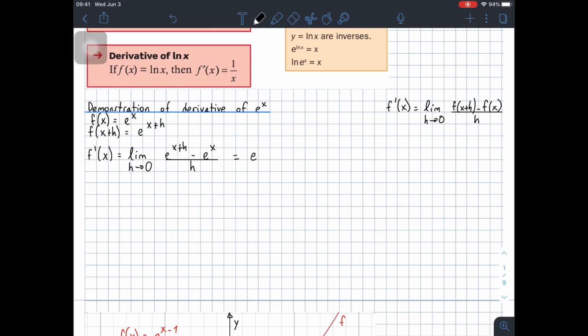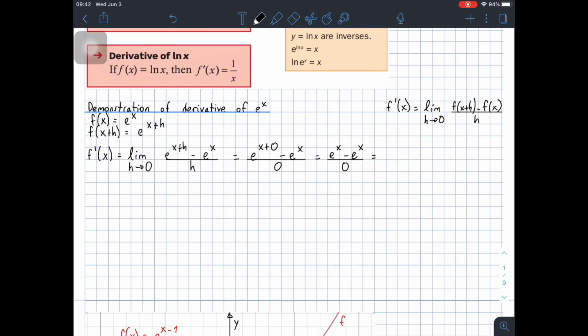It will be e to the power of x plus 0 minus e to the power of x over h. And this is the same as saying e to the power of x minus e to the power of x over, sorry, over 0. I'm replacing the value of h with 0 here and here. Okay, over 0.